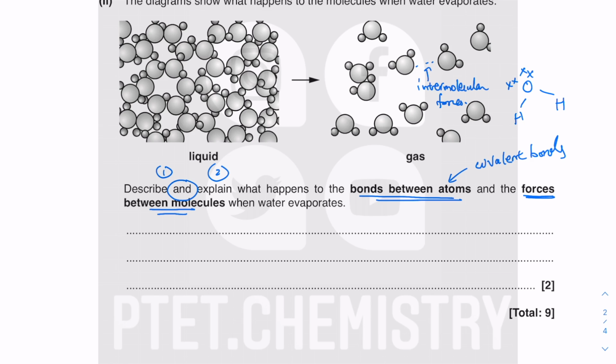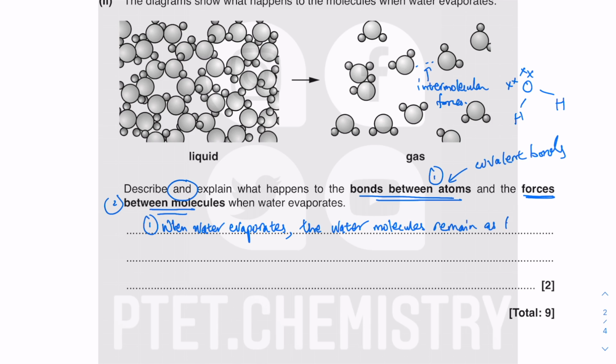So let's start. I'll just do between the atoms and between the molecules. When water evaporates, the water molecules remain as H2O molecules. You can see in the diagram there is no breaking of the covalent bond, because each water molecule is still 1 oxygen and 2 hydrogen.